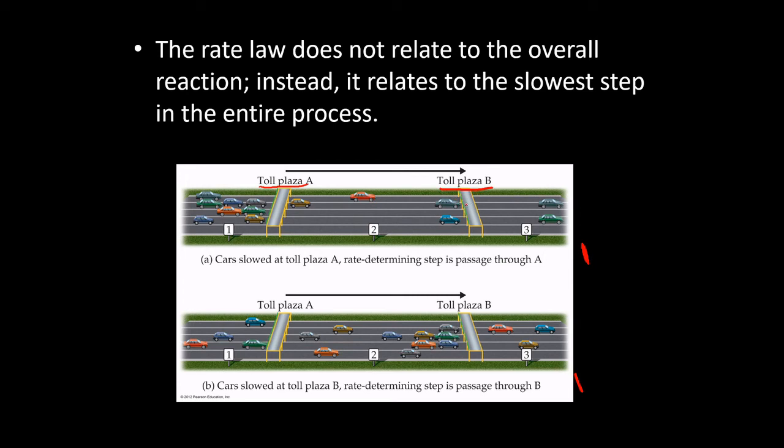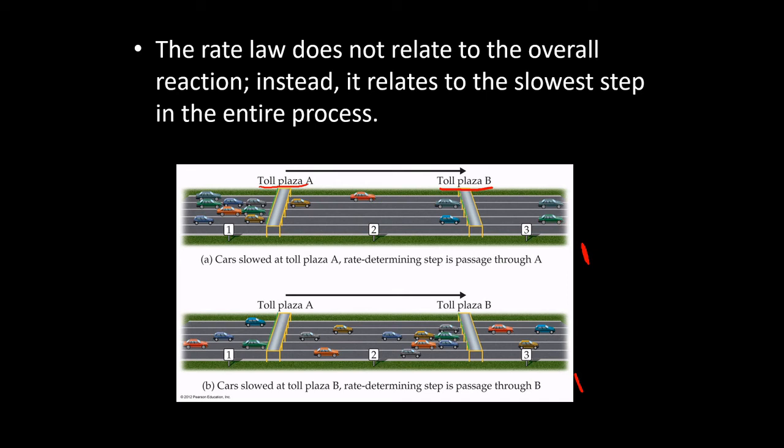But even more specifically than that, when they measure how many cars go past them per minute over here, what they're actually measuring is how quickly the cars go through the slowest toll plaza. The slow toll plaza is going to limit how many cars go past over here.